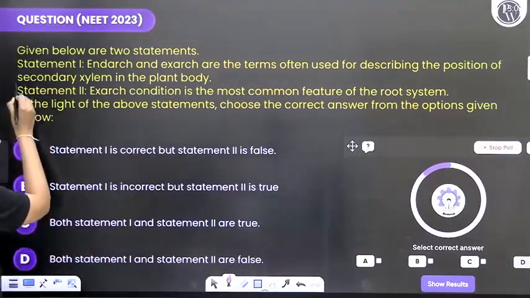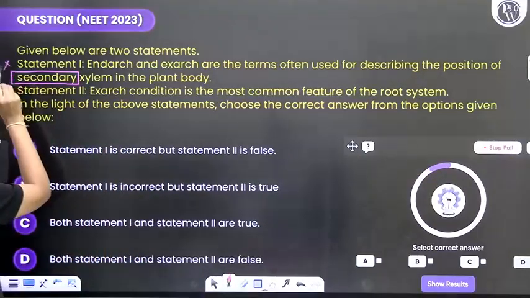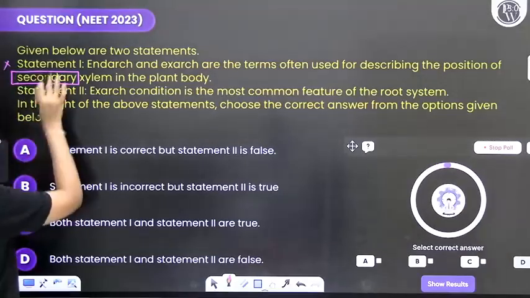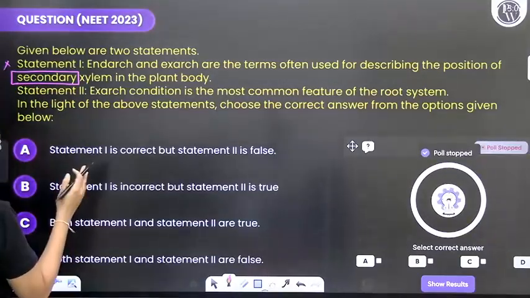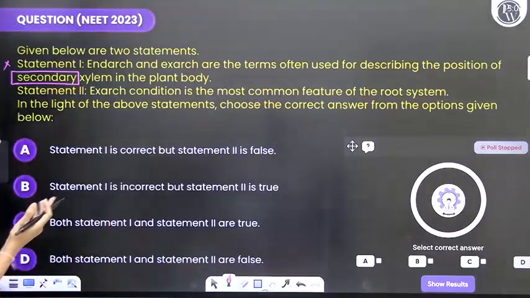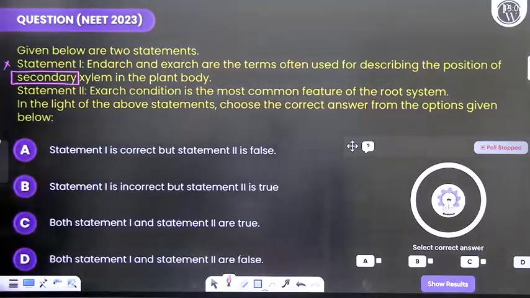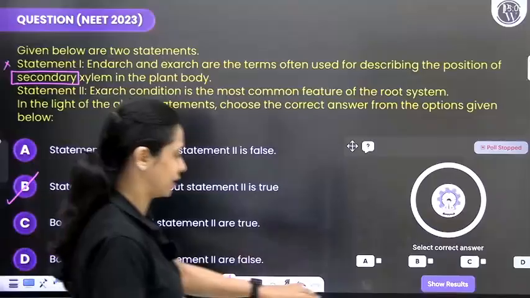It's not the position of secondary xylem but primary xylem. Within primary xylem you have protoxylem and metaxylem. So the first statement is incorrect. Second statement, exarch is the most common feature of the root system both in dicots and monocots. That is true. So statement 1 is incorrect but statement 2 is true. Option B is the correct answer.